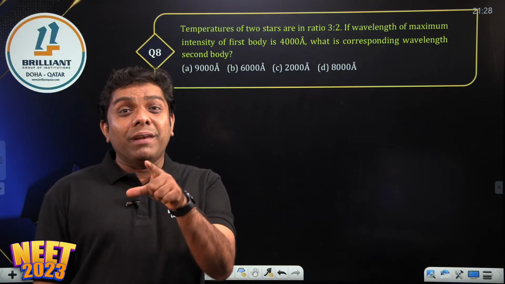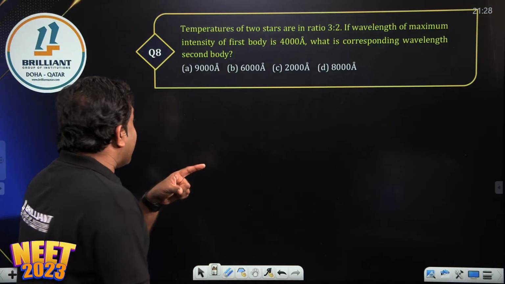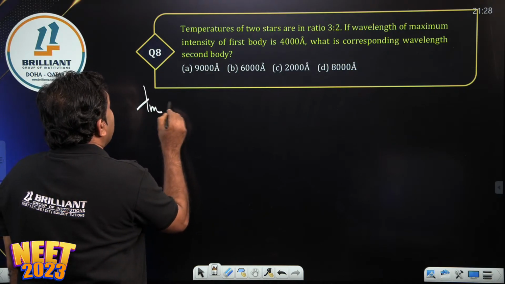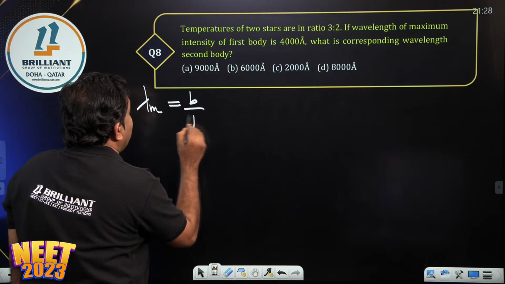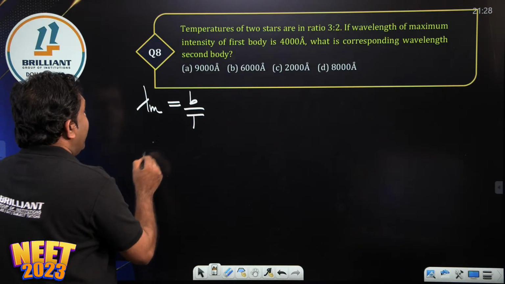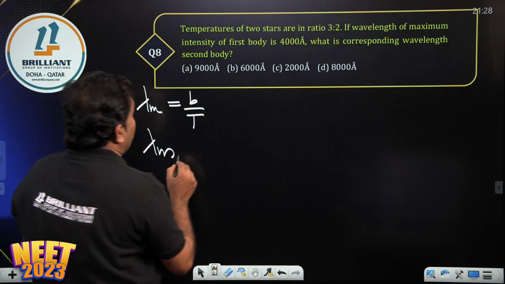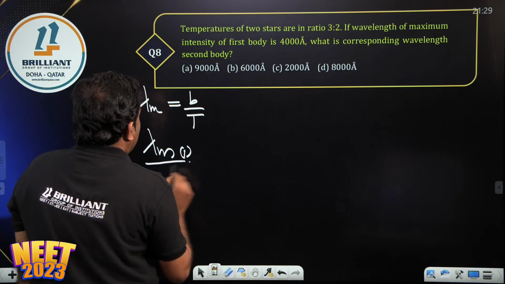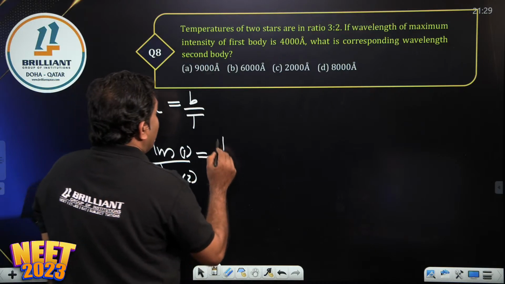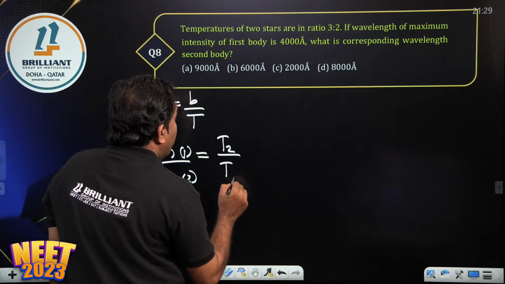You know how wavelength and temperature are related? Already we explained that lambda m is equal to b by T. So they are inversely proportional. So we can say lambda m of the first star divided by lambda m 2 is equal to T2 by T1.